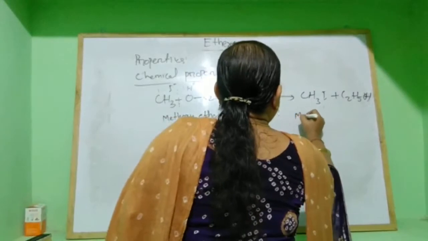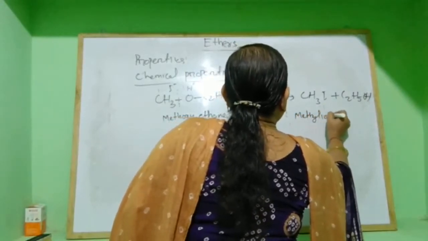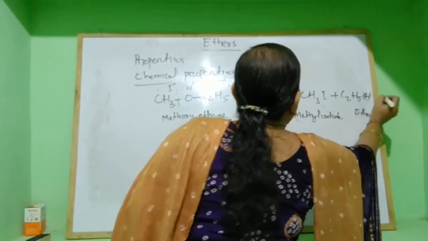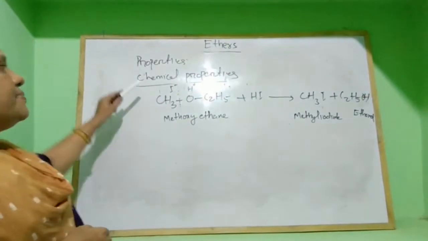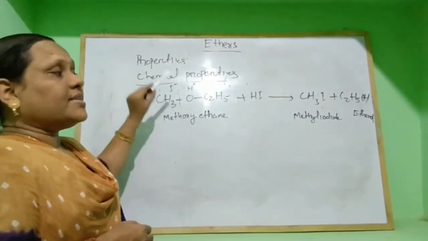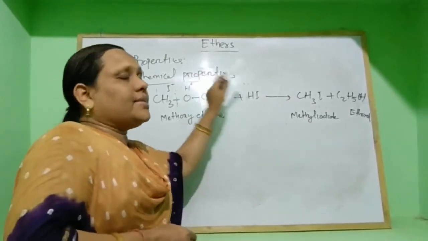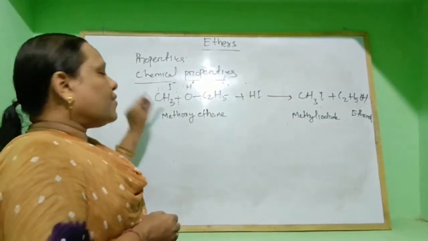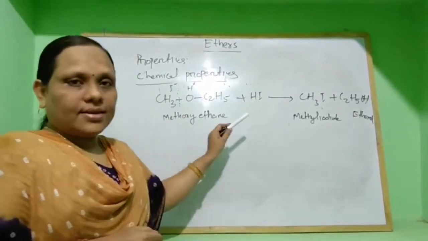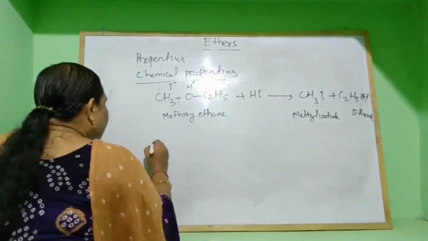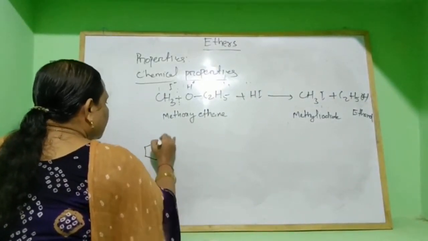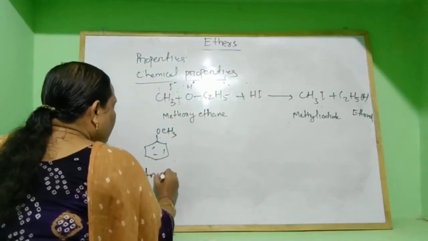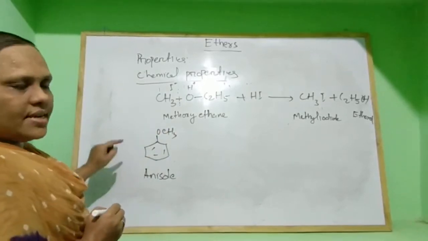That is your methyl iodide, and this is your ethanol. Again I repeat, when an unsymmetrical ether reacts with HI, the I minus is linked towards the lower alkyl group where it is less sterically hindered. Similarly, another example, OCH3. This is anisole, or we can say methoxybenzene.